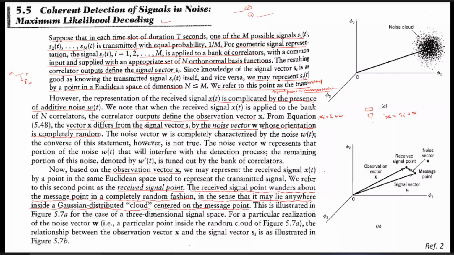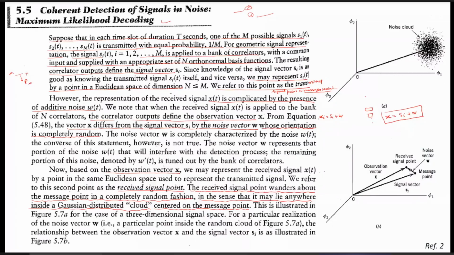The observation vector x is nothing but a sample value of the random vector X, which is the column vector of N random variables X1, X2, X3, Xj. A sample value of each one is given as small x1, x2, xj.